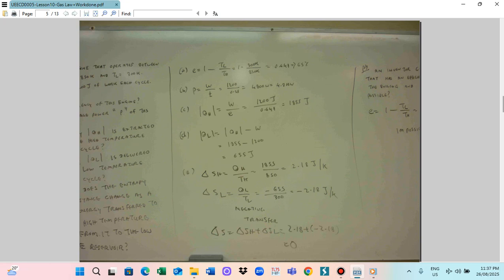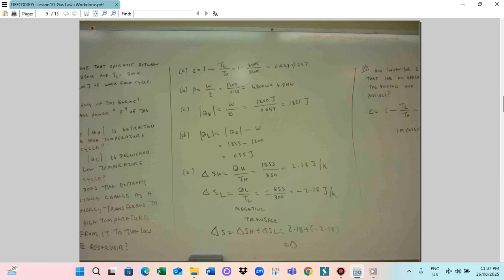And part E: by how much does the entropy of the working substance change as a result of the energy transfer to it from the high temperature reservoir and from it to the low temperature reservoir? The high temperature reservoir entropy change, delta SH, is QH divided by TH. QH we already calculated as 1855 joules and the high temperature is 850 K, so you get 2.18 joules per Kelvin.